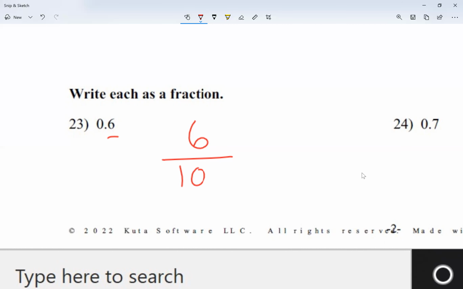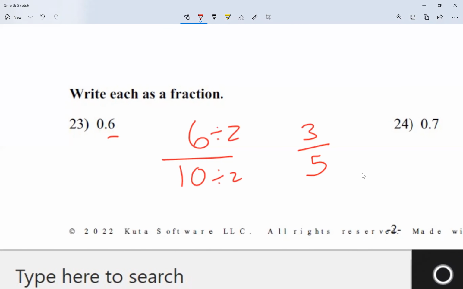However, we got to simplify if possible. Now, what I mean with simplifying is divide the top and the bottom by the same thing in order to make the number smaller. In this case, let me divide the top by 2 and the bottom by 2 as well. So that gives me 3/5.